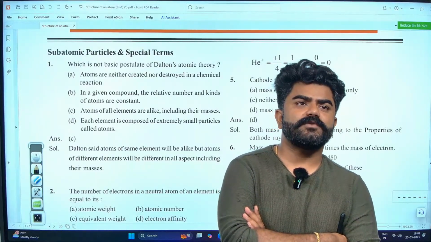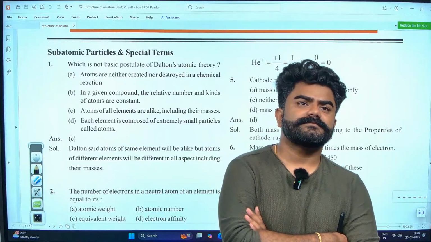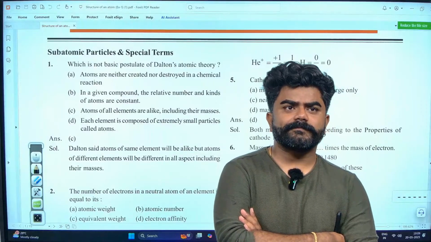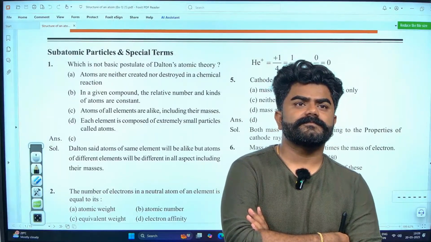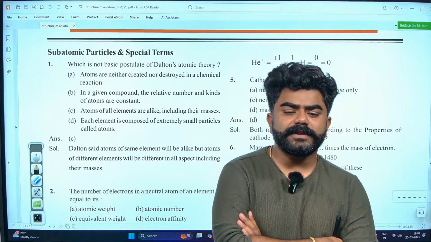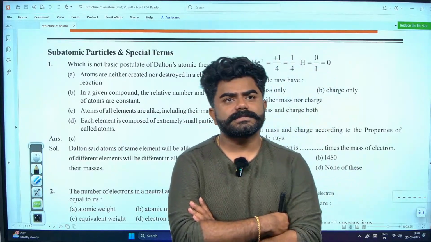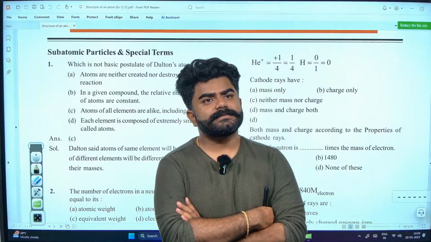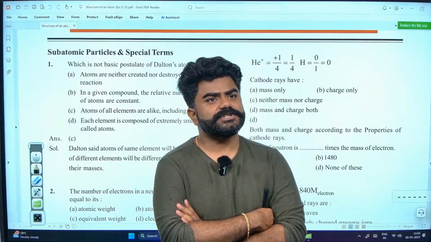Okay. Then what else? Madhu. Orbits and orbitals. Yeah, we saw the difference between orbits and orbitals, and different kinds of orbitals, S, P, D and F orbitals. We saw their shapes as well. Okay.